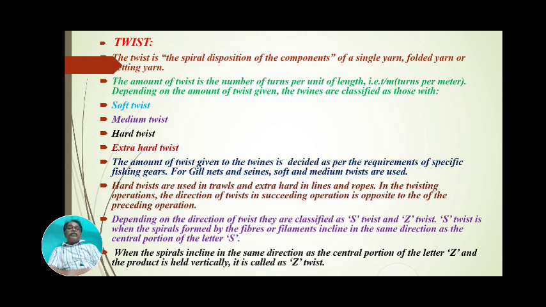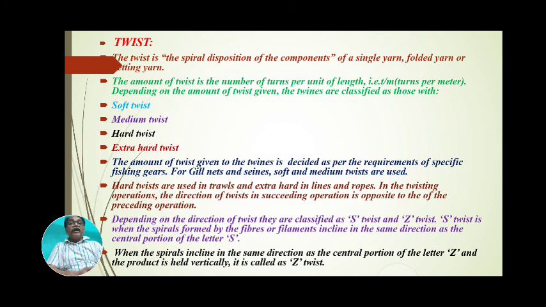The twist is the spiral disposition of the components of a single yarn, folded yarn, or netting yarn. What is meant by twist? Twist is the spiral disposition of the components of a single, folded, or netting yarn.